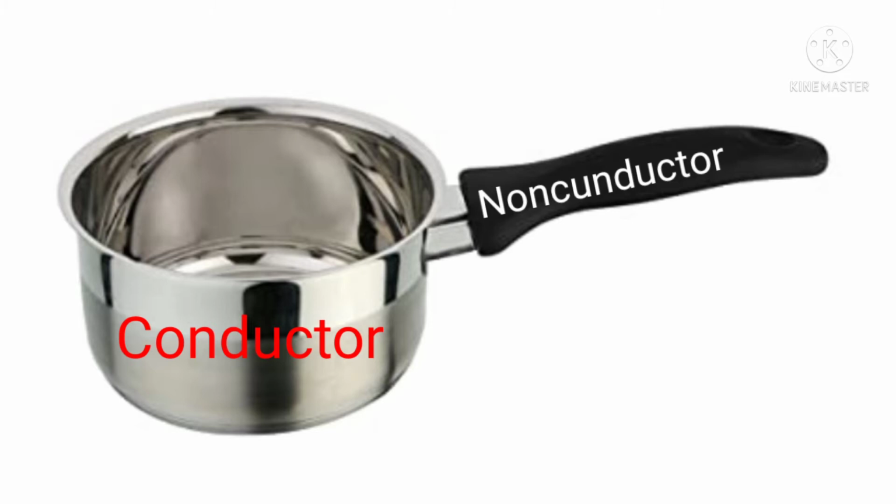It is made of metal or some material in which we cook, and that pan is made of good conductors, so it allows heat to pass through. And its handle is a non-conductor, so it does not allow heat to transfer through it, right?